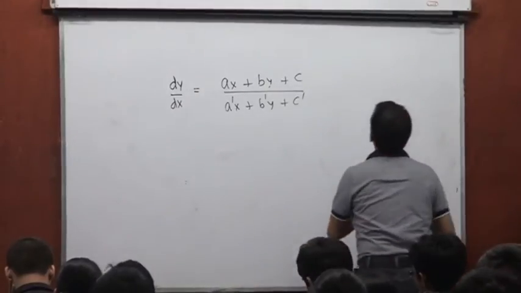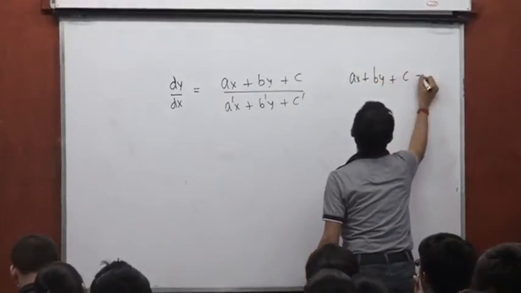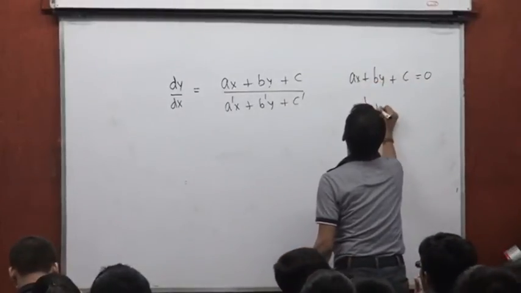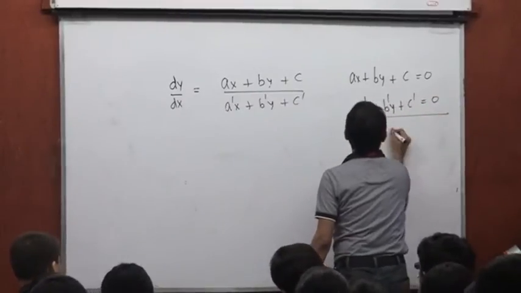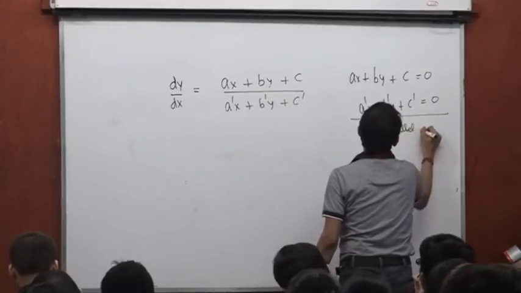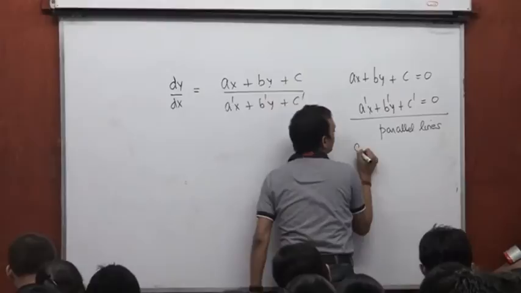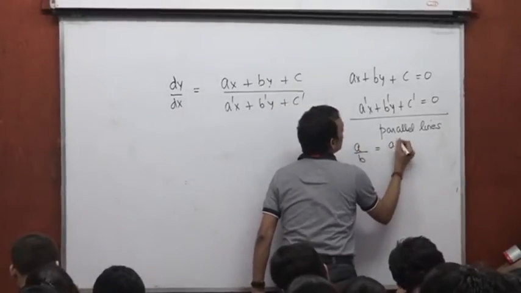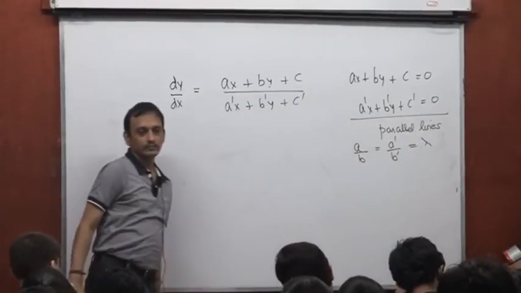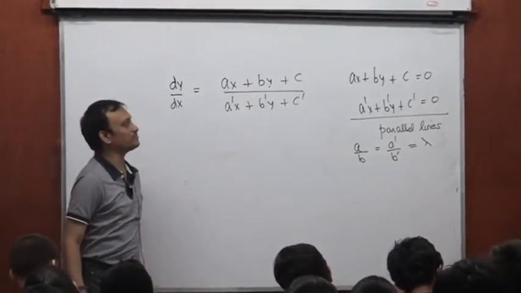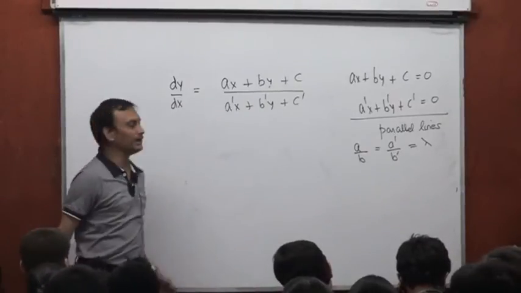Suppose ax + by + c = 0 and a'x + b'y + c' = 0 are parallel lines. If they are parallel, it would mean a/b must be equal to a'/b', each equal to some lambda.